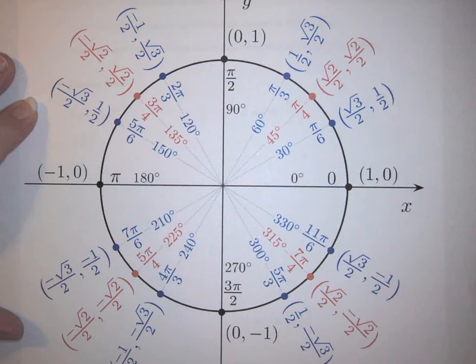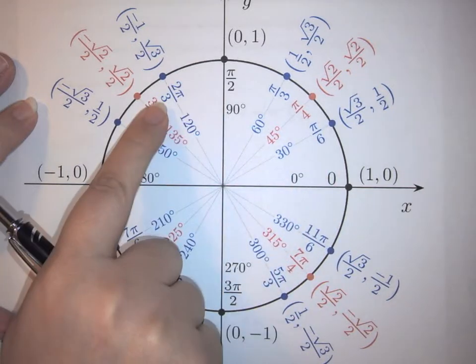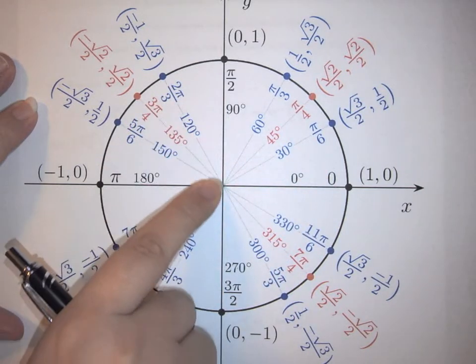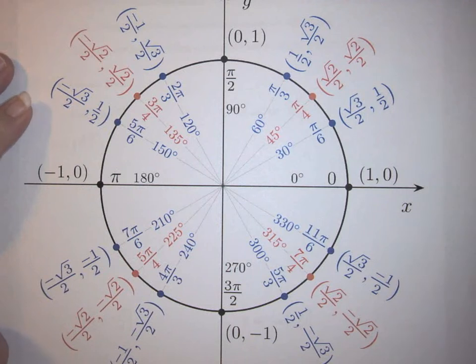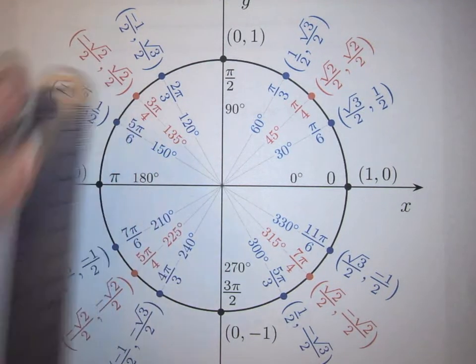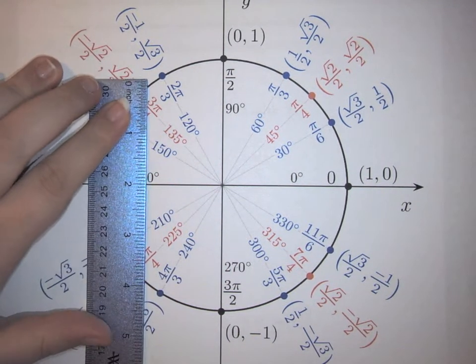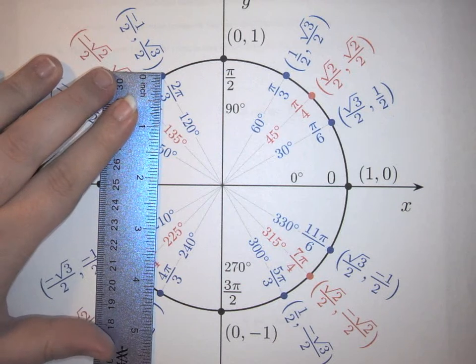So how does that help? Well, I want the sine of 2 pi over 3. If you notice, 2 pi over 3 is right here, at my 120 degrees. I'm going to use my ruler here so you can see. I would drop my straight line right down here.